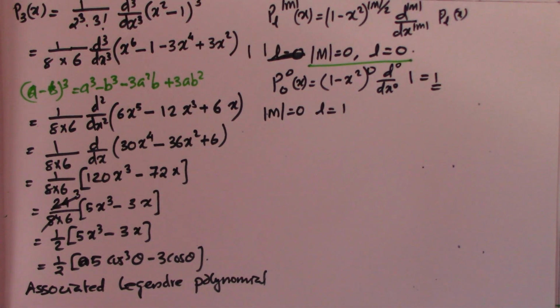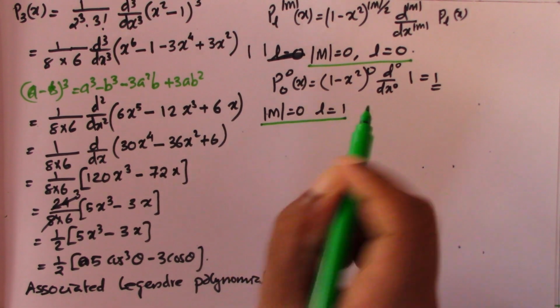Now we are going to calculate for m is equal to 0 and L is equal to 1.